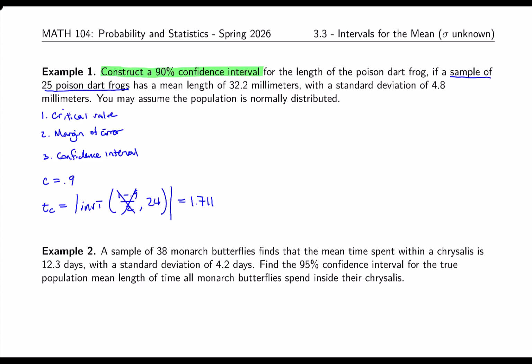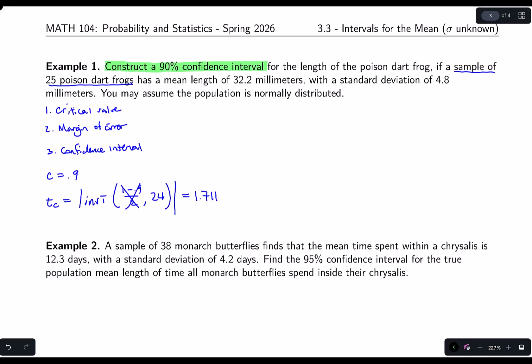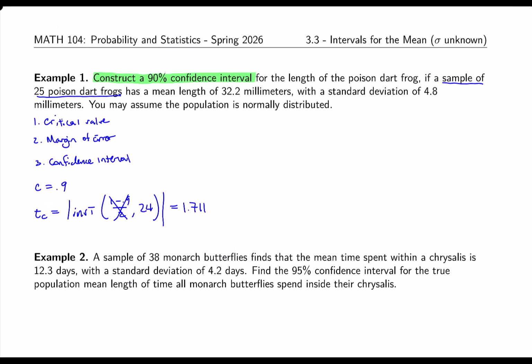That's fine. All right, the margin of error. This isn't any different than what we did with the normal distribution. The formula is practically the same. It's that critical value that we just found times the standard deviation of the sample divided by the square root of the sample size.